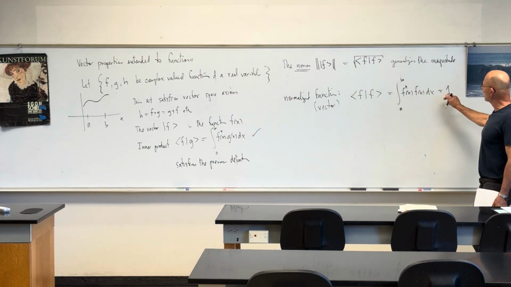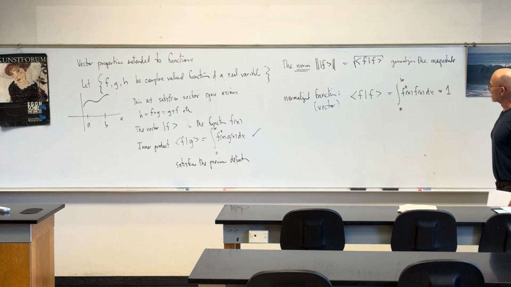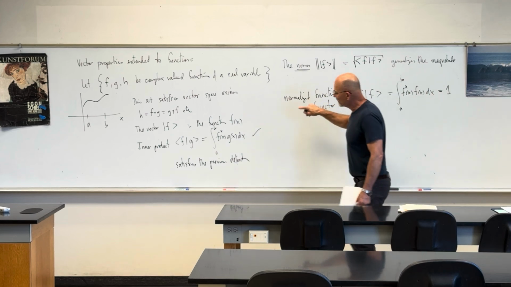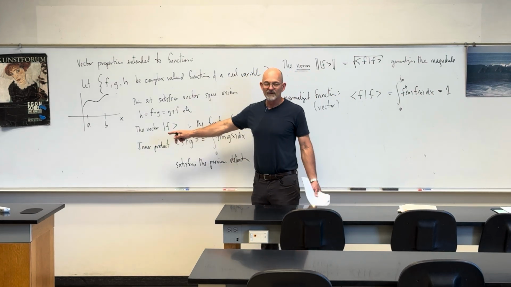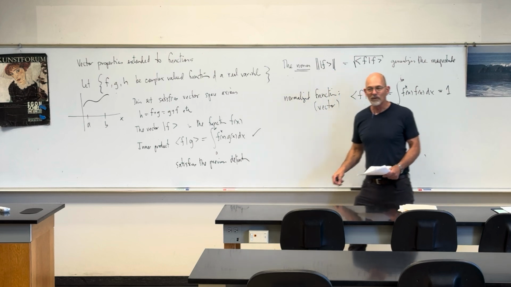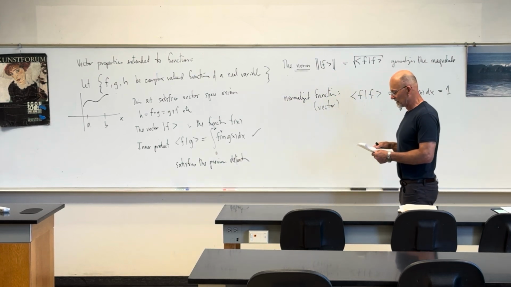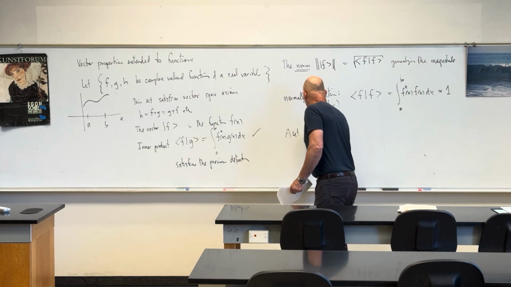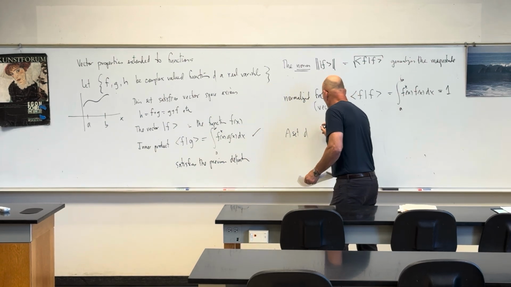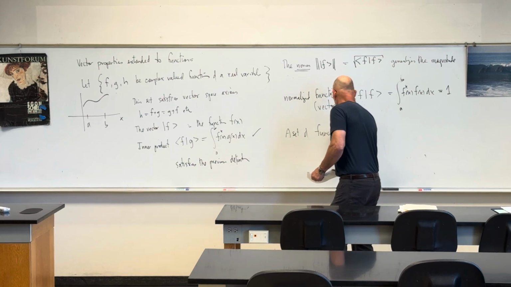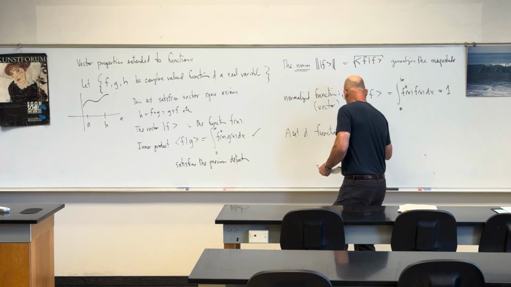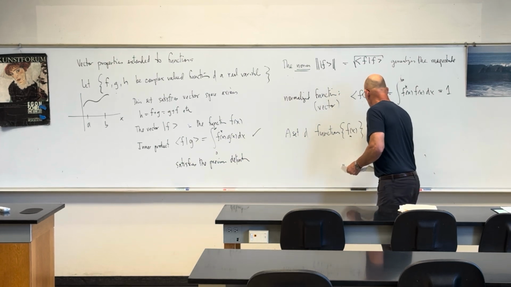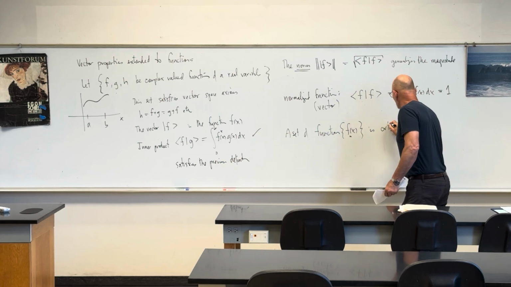If you just impose this, you've got a unit vector. And if you have a set of such unit vectors, and they're orthogonal to each other, you have what's called an orthonormal set of vectors. So a set of normalized functions f_n of x is what we call orthonormal.